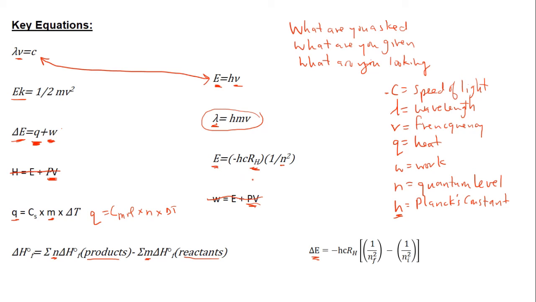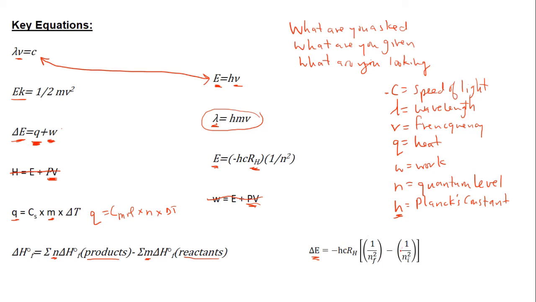If, however, we're doing a transition between levels, they would say an electron at n equals 6 goes to a quantum level of n equals 4. What's the change in energy?